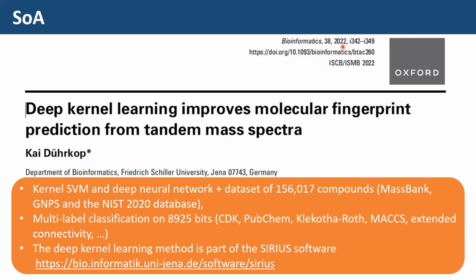It's from 2022, and it's again about the application of kernel, support vector machine, and deep neural networks on a huge database of 156,000 compounds, again to predict fingerprints to enhance the identification of molecules starting from mass spectral data.